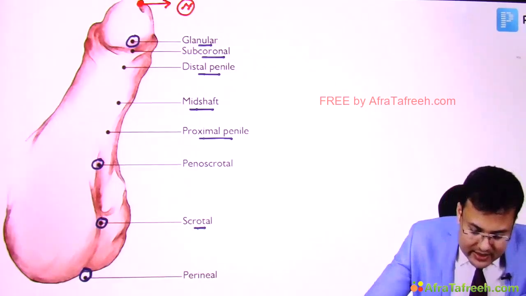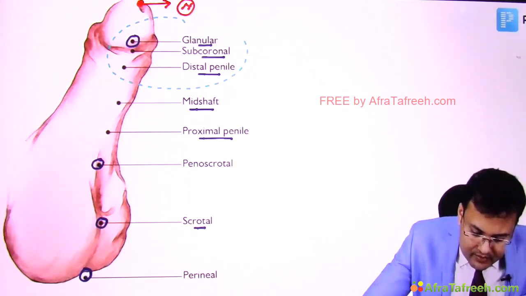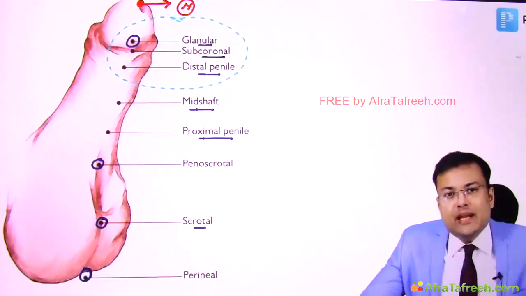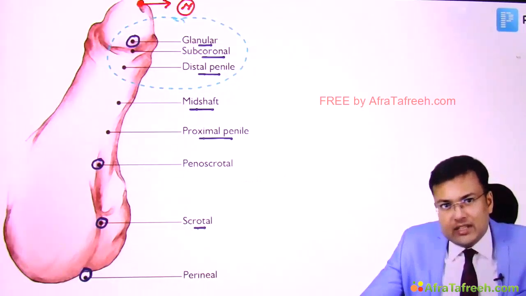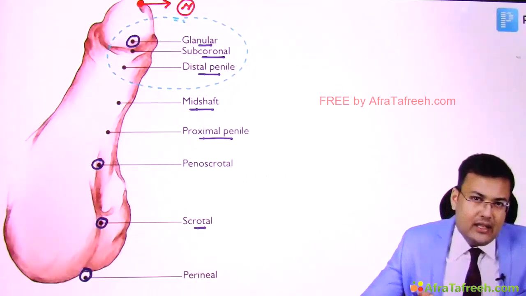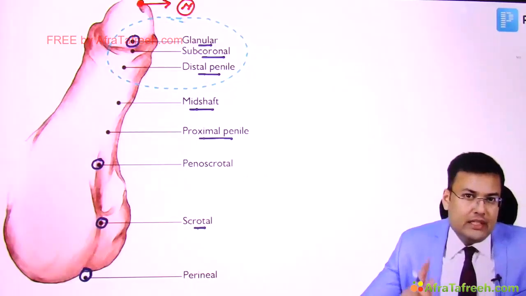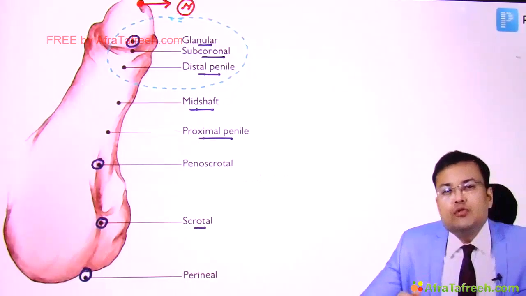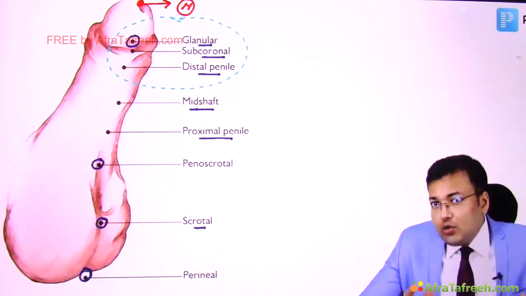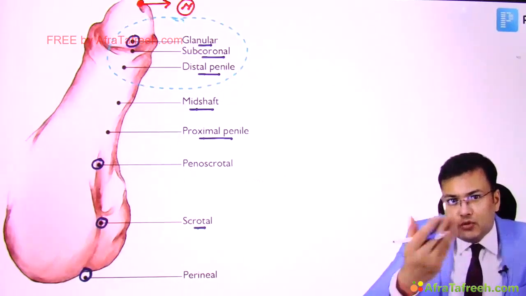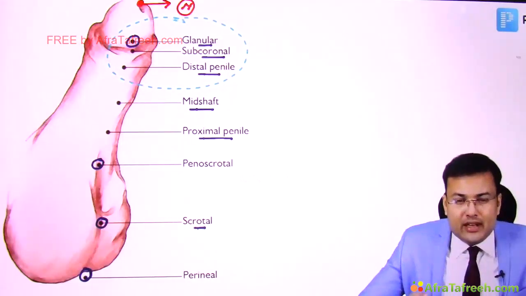And see, distal penile, coronal and glanular, these are anterior types and these are responsible for 70% of the cases. Now just use your common sense and tell me which one is the most common type overall. Overall, the most common type is the most distal one. Clear? So which one is it?